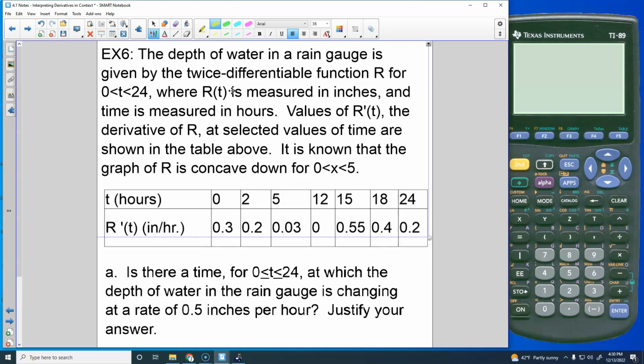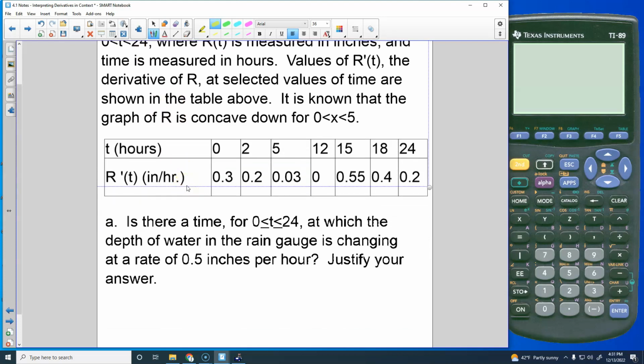So A asks, is there a time from 0 to 24 at which the depth of the water in the rain gauge is changing at a rate of 0.5 inches per hour? And we need to justify our answer here.